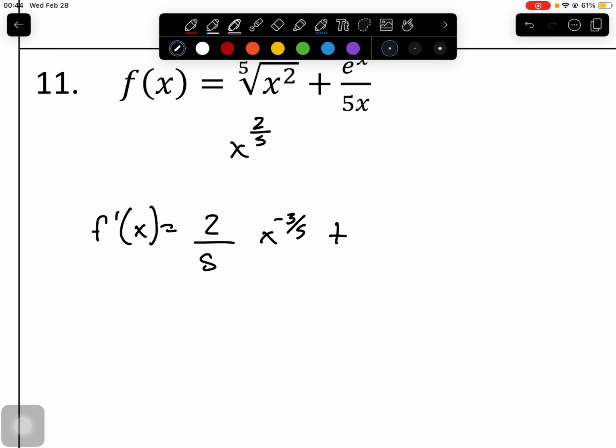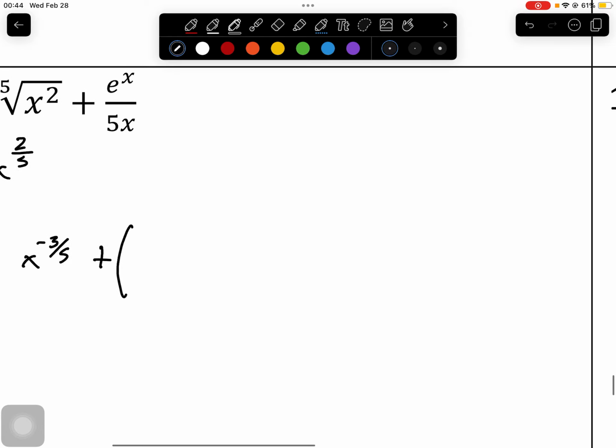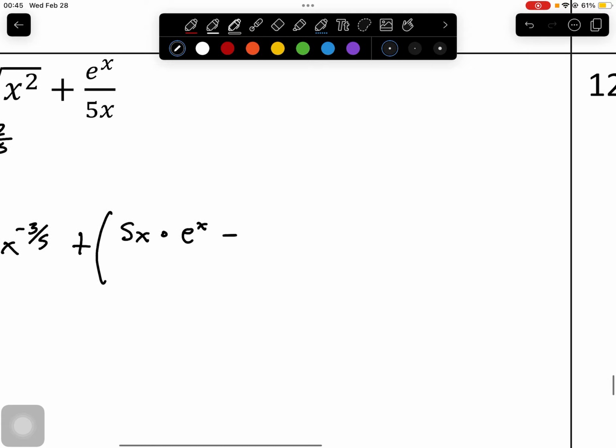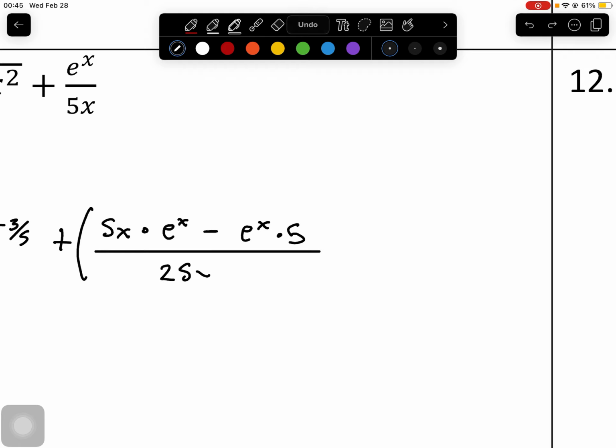Now, plus, this is a quotient rule. So it's going to be 5x times e to the x, which is just e to the x times du, which is in this case 1, minus, it's going to be e to the x, and the derivative of the bottom is just 5, all over 5x squared, or 25x squared. Actually, yeah, 25x squared.